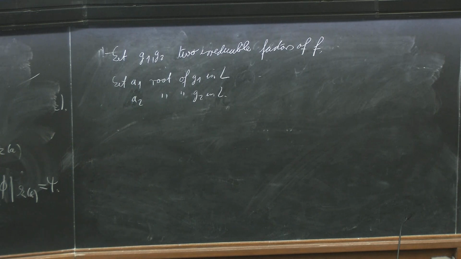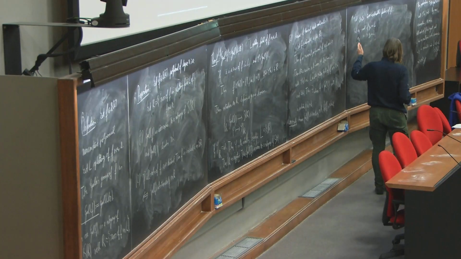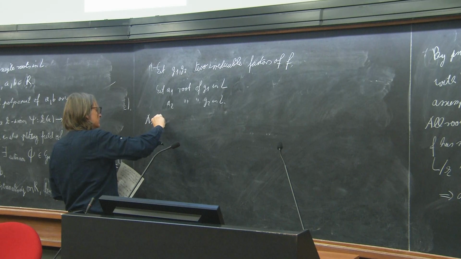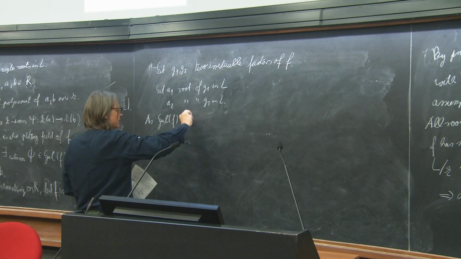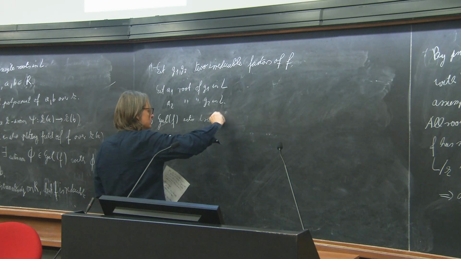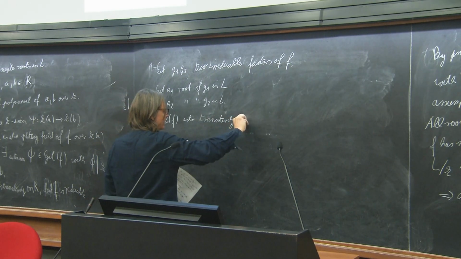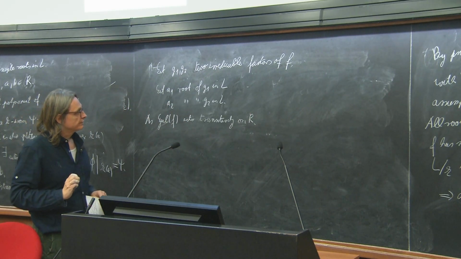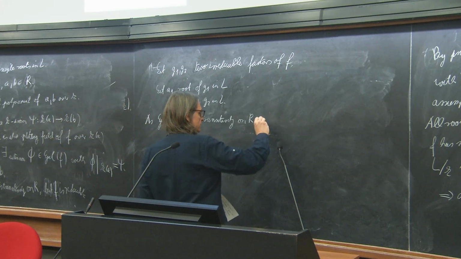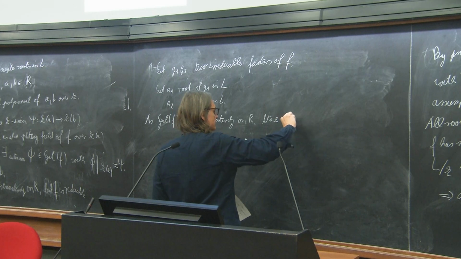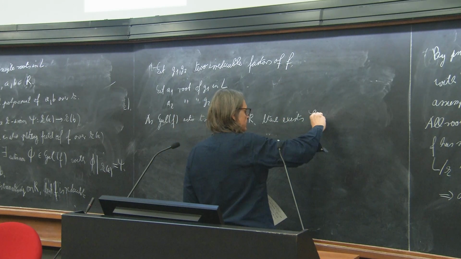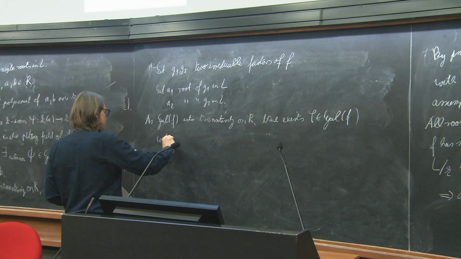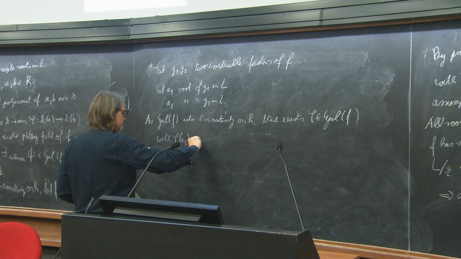By the fact that the Galois group acts transitively, we know there's an element in the Galois group which sends A1 to A2. So as the Galois group of F acts transitively, R, now both A1 and A2 are elements of R because G1 and G2 are factors of F. There is an element phi in the Galois group of F with phi of A1 is equal to A2.